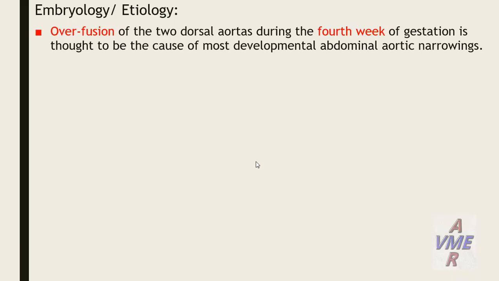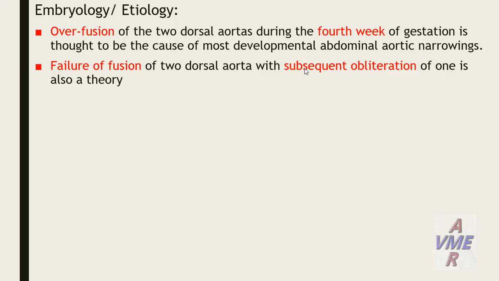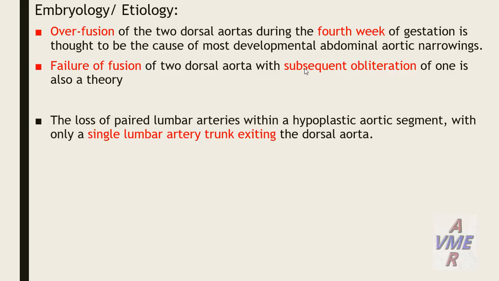Embryology. The first theory is overfusion of the two dorsal aortas during the 4th week of gestation, which is the most common theory for the cause of developmental abdominal aortic narrowing. Failure of fusion of the two dorsal aortas, or subsequent obliteration of one, is also a theory.